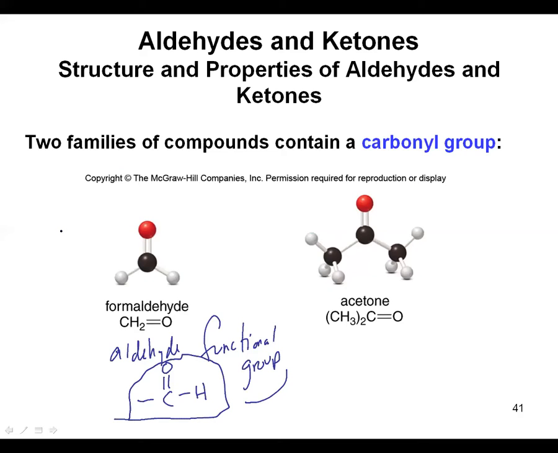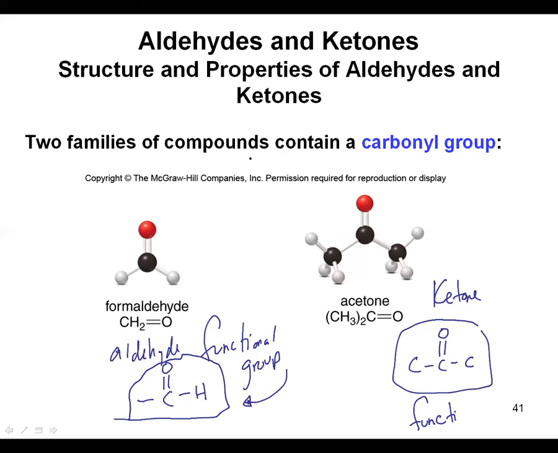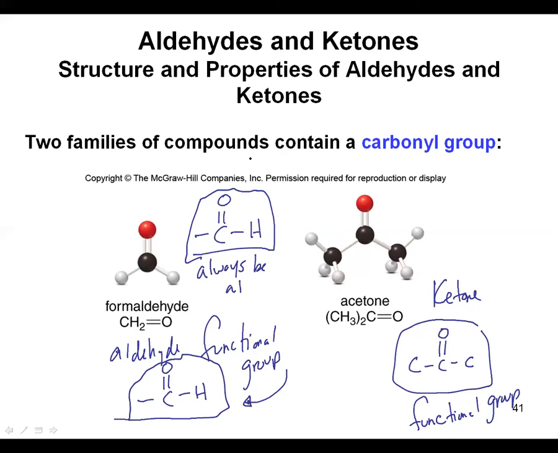While this guy over here is a ketone, and again, a ketone's functional group is 3 carbons in a row, where that center carbon has the carbon-oxygen double bond, and this would be the functional group for a ketone. Now, a couple of differences here between these two functional groups. In an aldehyde, the hydrogen has to always be at the end, never in the middle, too many bonds.